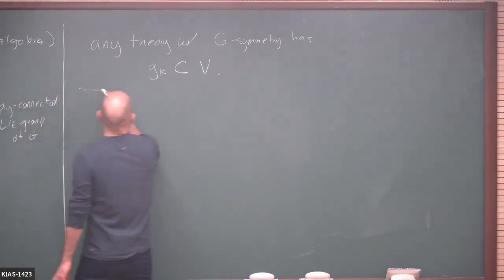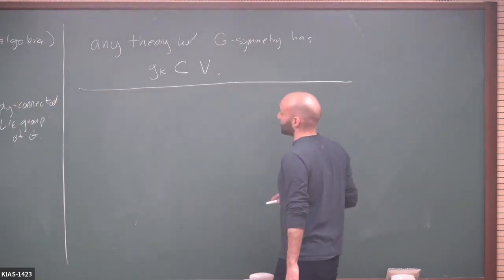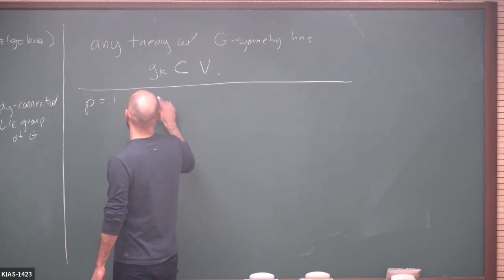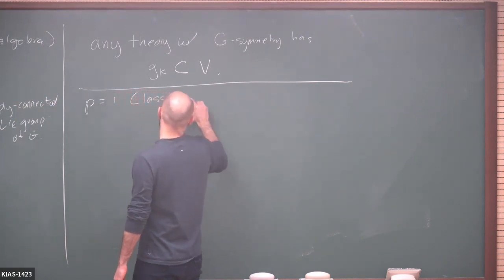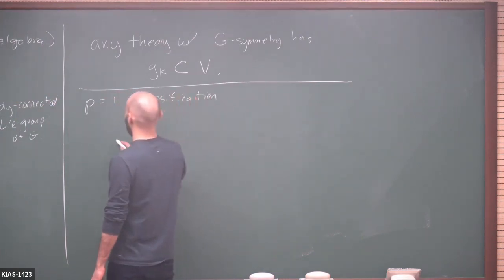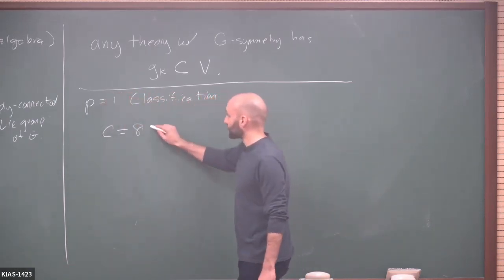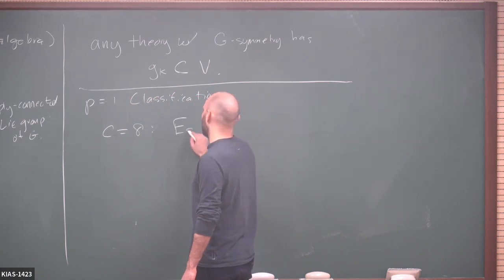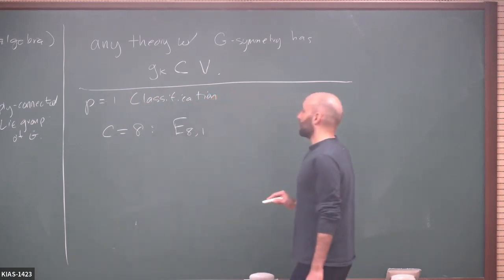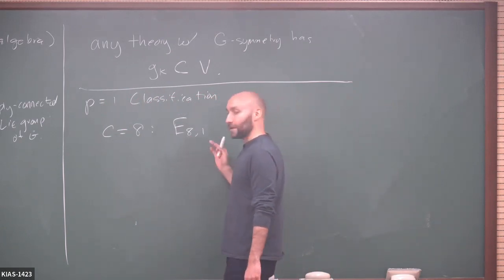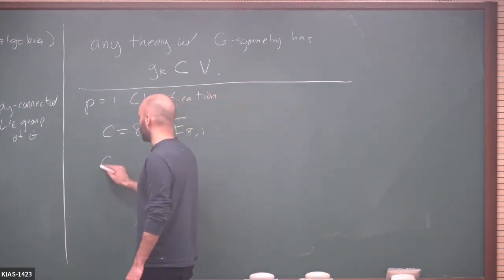Okay, now that I've told you this, we can go back to the P equals 1 classification. So as I said, central charge has to be a multiple of 8. When C equals 8, the only theory is the current algebra based off of the Lie algebra E8 with its level at 1.